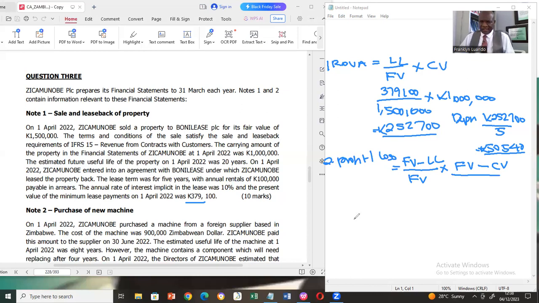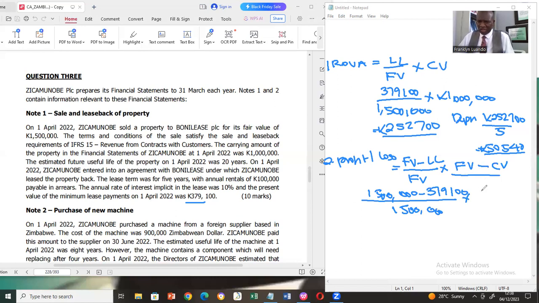In this case, the fair value is 1,500,000, less the lease liability, divided by fair value, multiplied by fair value 1,500,000, less carrying value of 1,000,000.